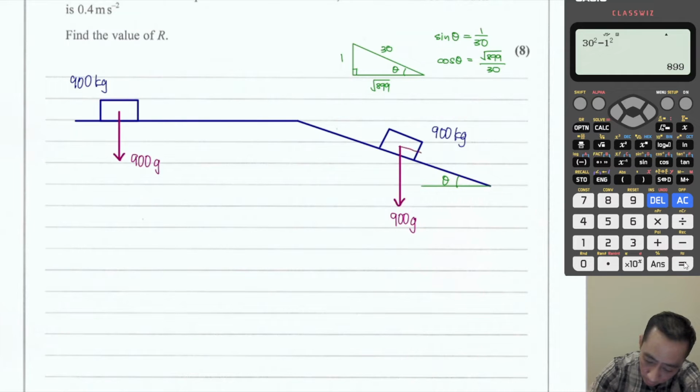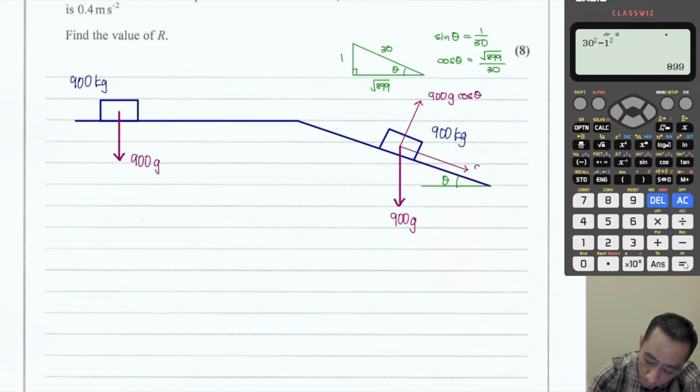Now let's look at this one. Because this is theta, we resolve the mg into these two directions. This is theta, so this one is cosine, which means 900 g cosine theta.